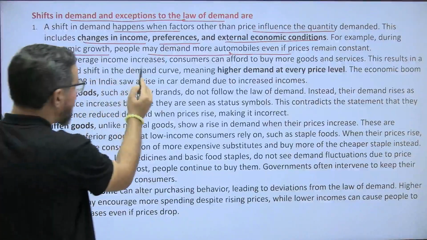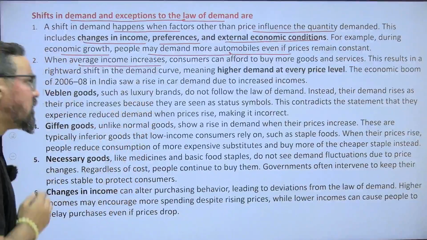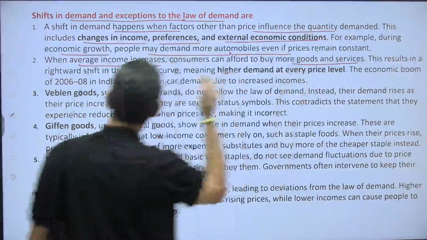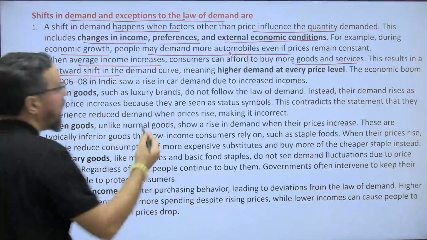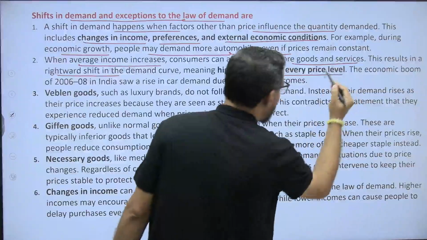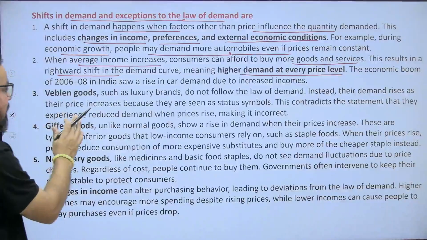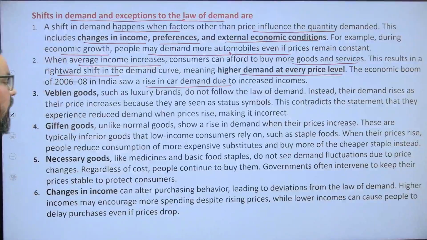When average income increases, it is called the income effect. Consumers can afford to buy more goods and services. This results in a rightward shift, meaning the demand is increasing, higher demand at every price level. The economic boom in 2006-8 in India saw a rise in car demand due to an increase in income.